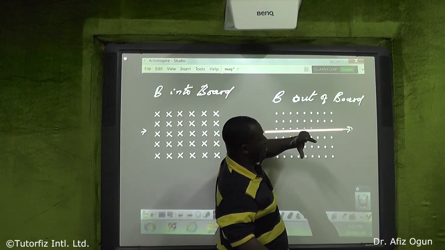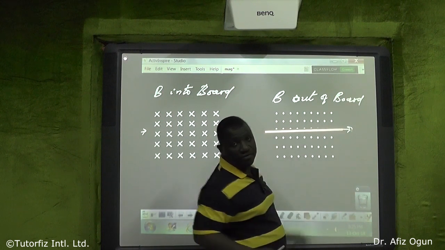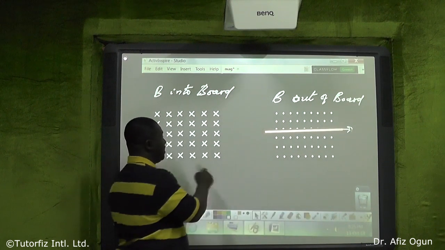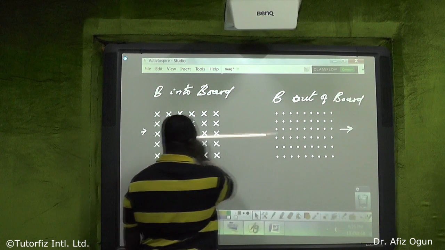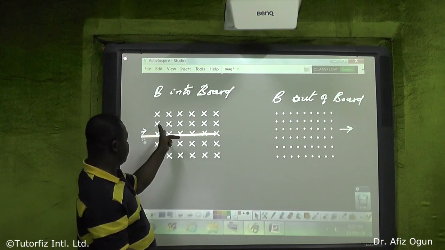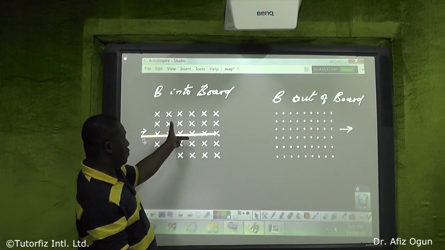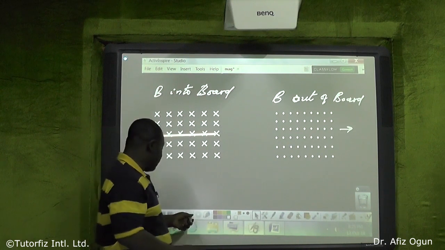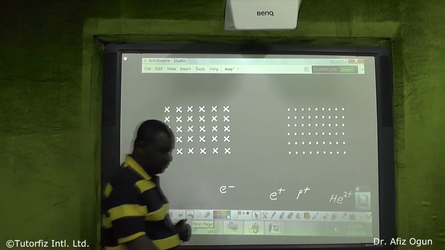So where does this move? Down. The wire moves down. Don't forget that. Again here, wire carrying current this way, magnetic field that way, and it moves up. Don't forget that.